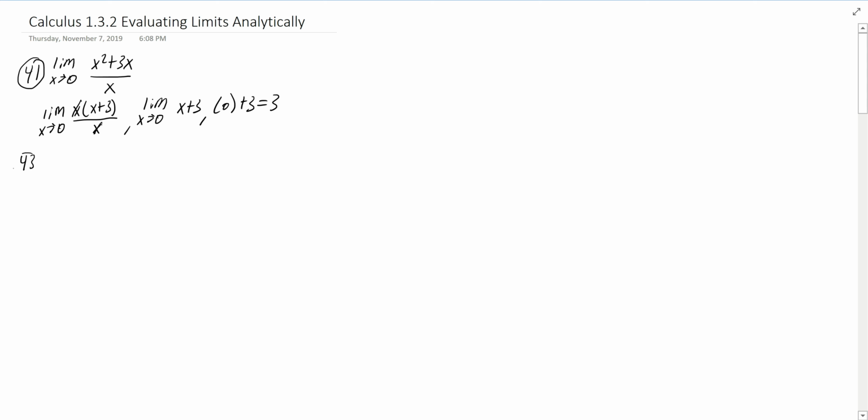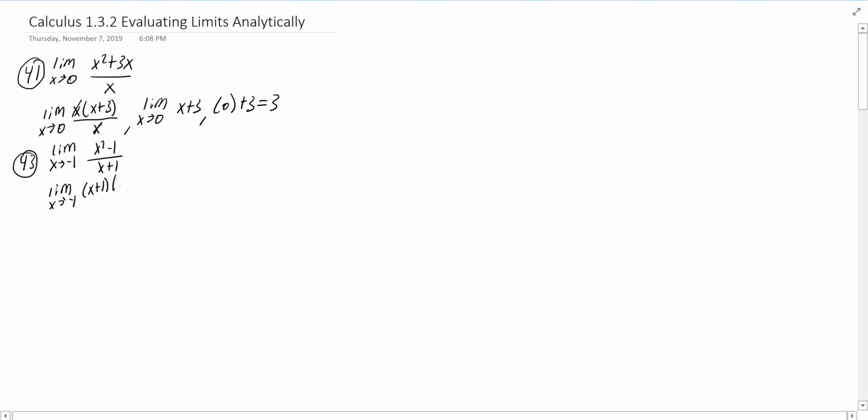Now next up we have 43, and in 43 we have the limit as x goes to negative 1 of x squared minus 1 all over x plus 1. We're going to use the same factoring technique here again. So we have the limit as x goes to negative 1, and we're going to factor this numerator. x squared minus 1 factors down to x plus 1 times x minus 1, all over x plus 1 as we had initially.